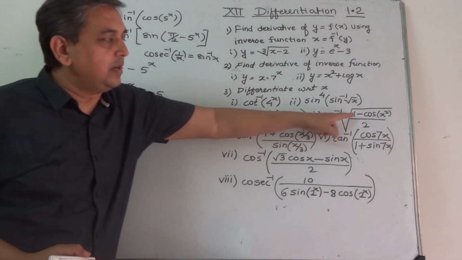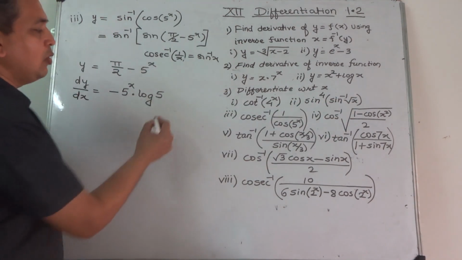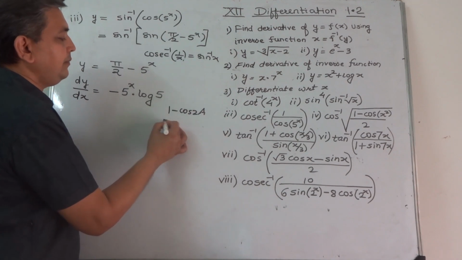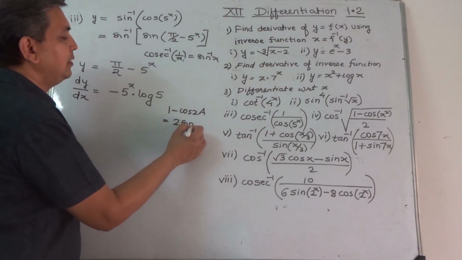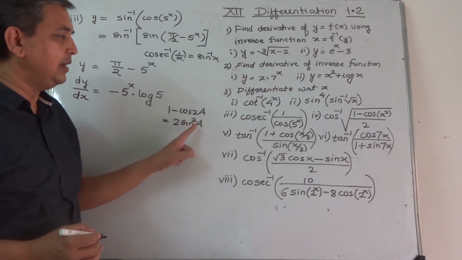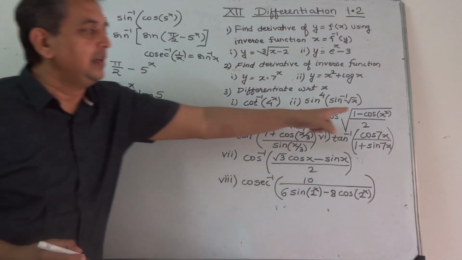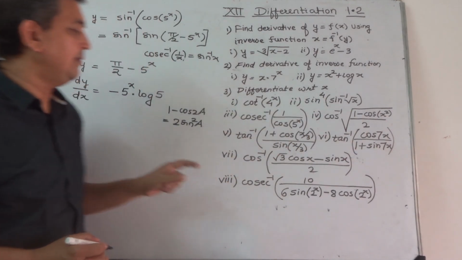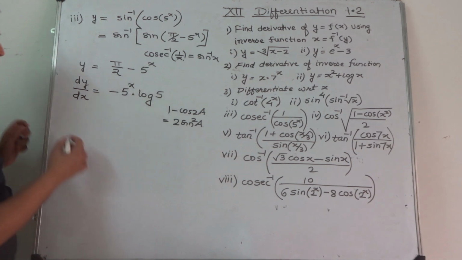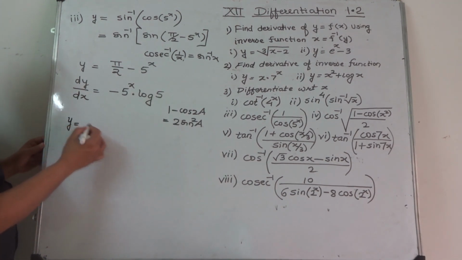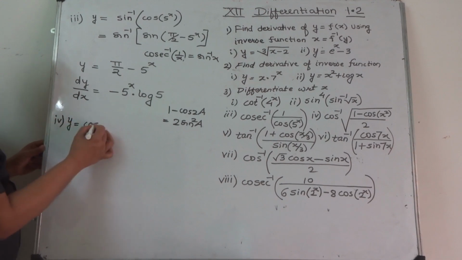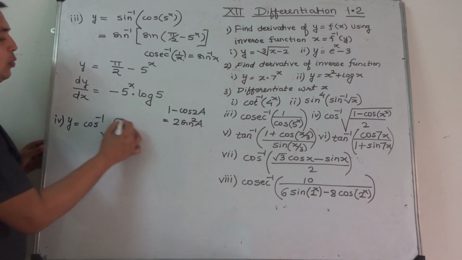Now here we have a formula for 1 minus cos 2a. What is 1 minus cos 2a? It is 2 sine square a, the half angle formula. If this is 2a, we get a here. If this is cos of x square, we will get half of x square. Let us see what do we get. So question number 4, y equal to cos inverse root.